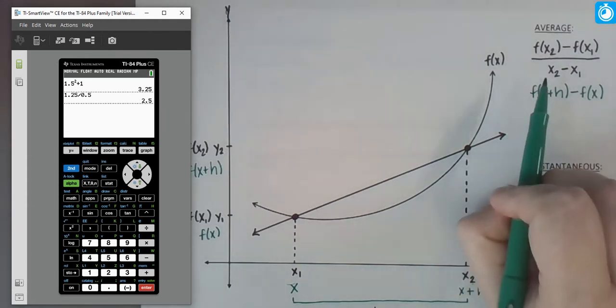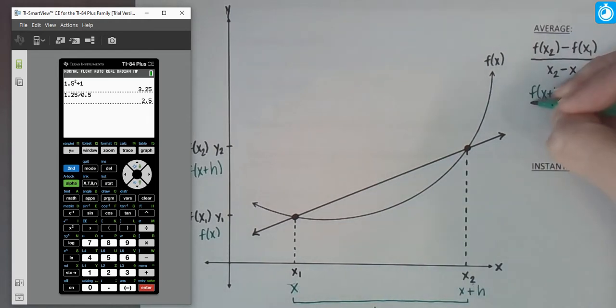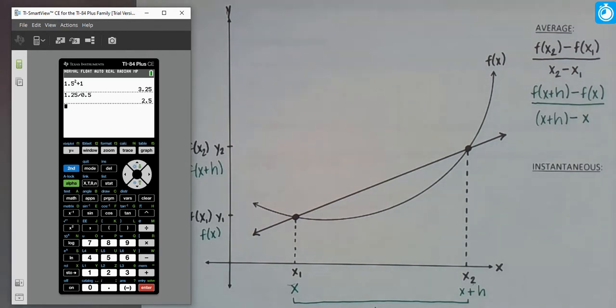Okay, and then our denominator has changed as well. x2 we're now calling x plus h. In other words, our starting x plus a little bit of distance. And then x1 is now called x. So that means our denominator is now going to be x2, which we relabeled as x plus h, minus x1, which we're now calling x.